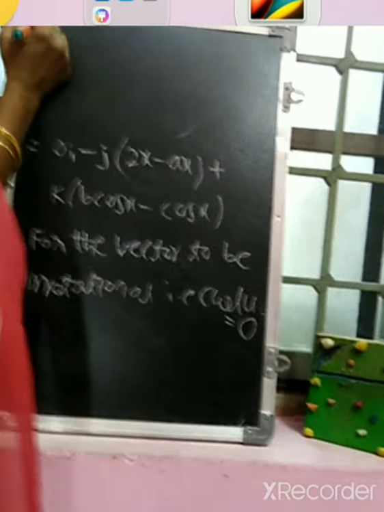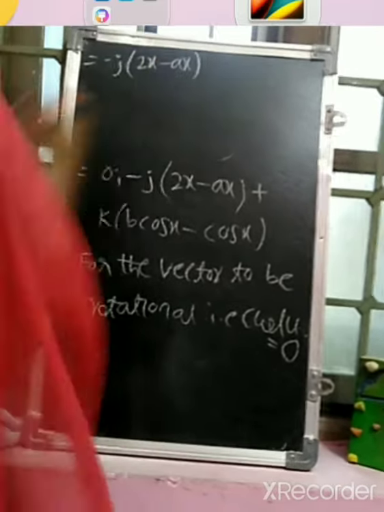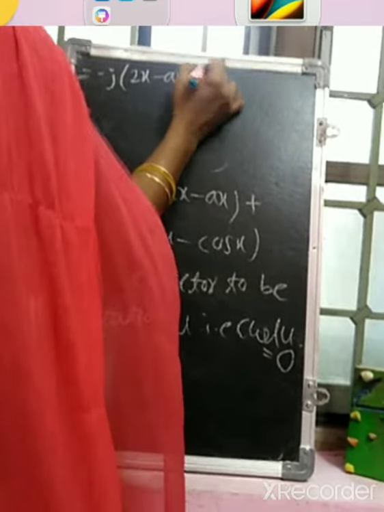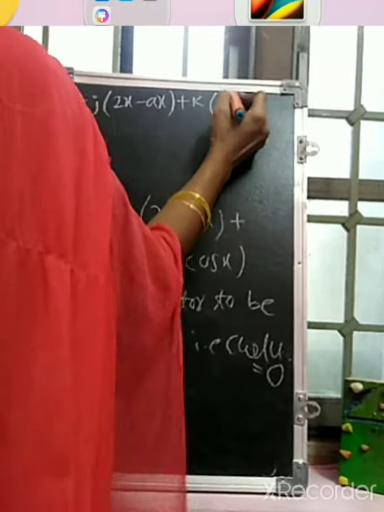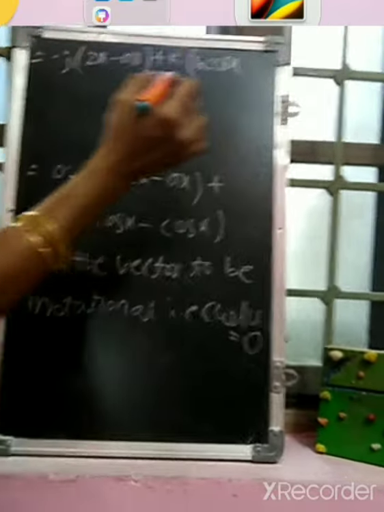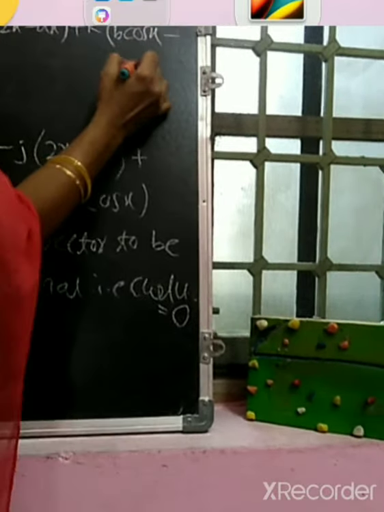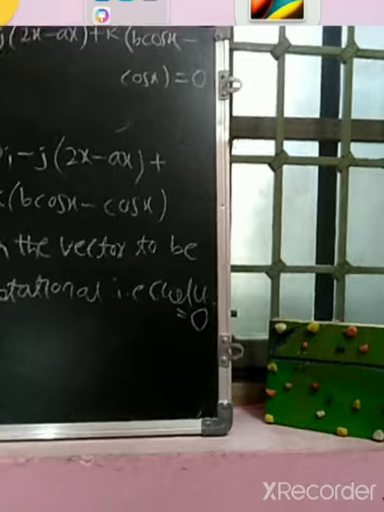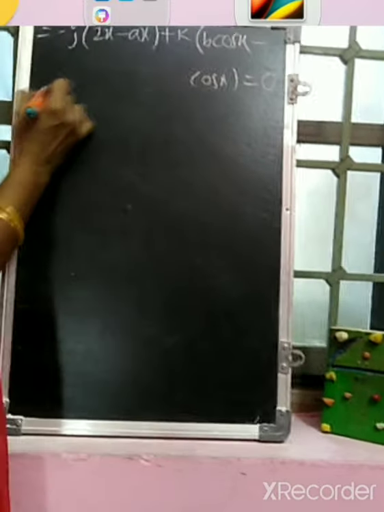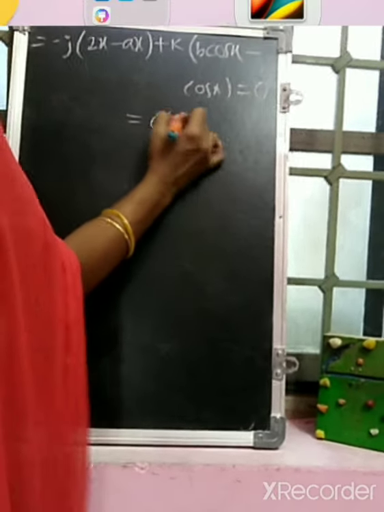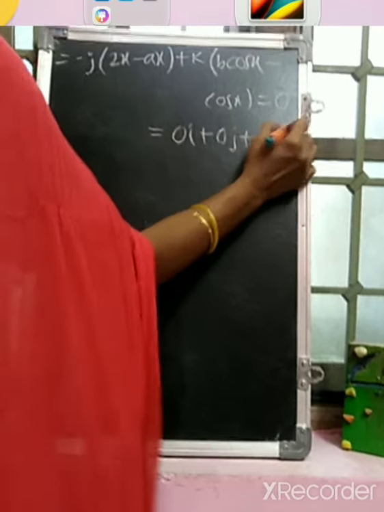So this is the curl u: minus j into (2x minus ax) plus k into (b cos x minus cos x) is equal to 0. We can write 0 as 0i plus 0j plus 0k.